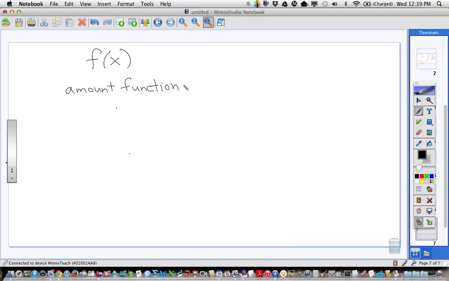But this is some function, and its outputs are an amount of something, okay? Let's say in our example it's going to be a position function. So that means the position of, we're going to talk about a car here in a little bit. So let's say we're talking about a position function. That is, miles would be our units, as this car travels along. So this position function would be the amount of miles that this car has traveled.